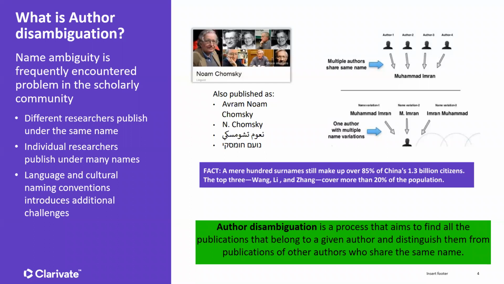And of course, accurately differentiating between yourself and colleagues and also peer researchers is of great importance. So author disambiguation is a process that aims to find all the publications that belong to a given author and distinguish them from publications of other authors who share the same name. So it really is about setting yourself apart and uniquely identifying the work that belongs to you.